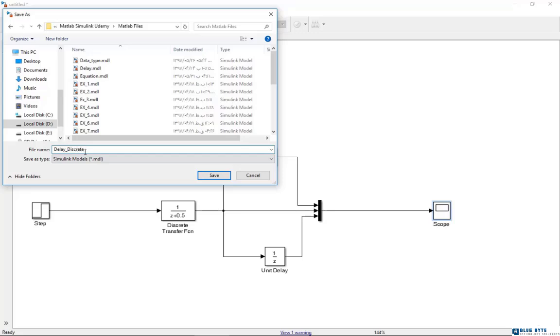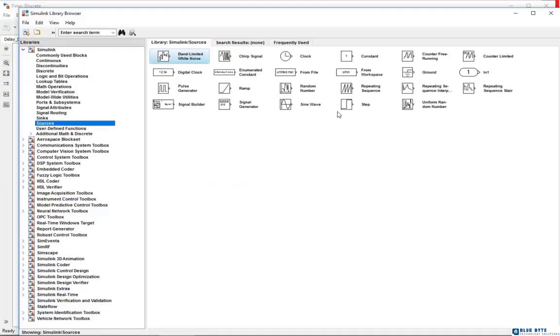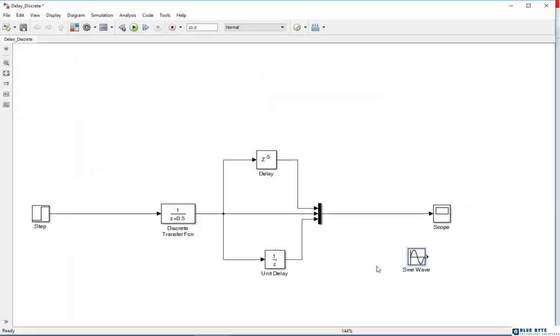Also, you can use signal delay for sinus signals. How? I will tell it now. I choose a sinus wave.